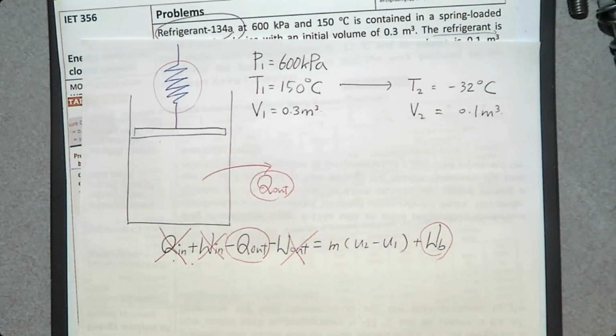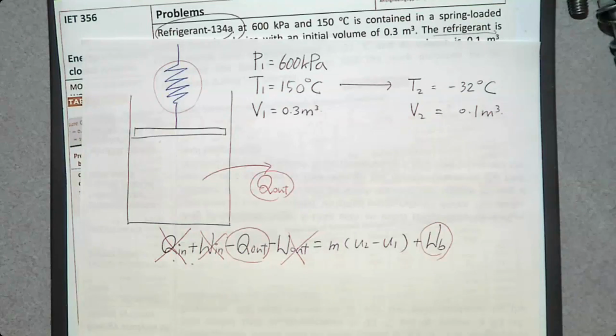How can we find the mass? Oh, PV = mRT, you cannot use it because it's a phase change material. You can use it only when you have a pure gas. But one thing for sure is, if you know P and T, you can analyze the initial state. Then what can you find? Specific volume v1.